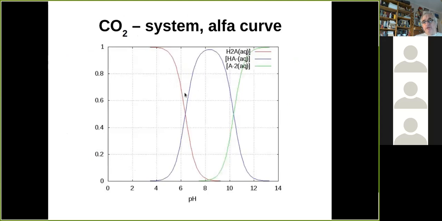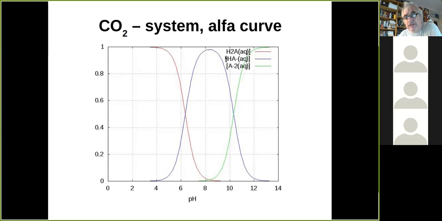Here's the same curve, but without any concentration indications. The red one is the carbonic acid. At low pH, carbon dioxide combined with water exists as carbonic acid.